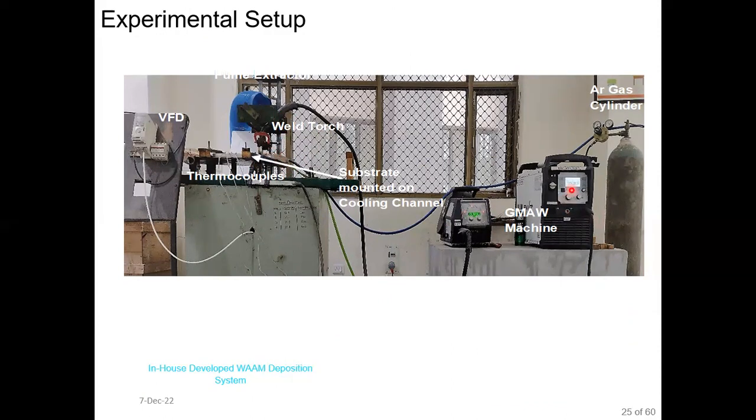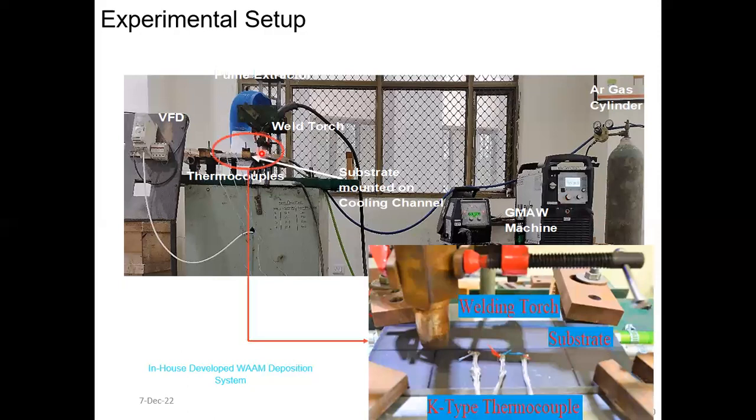And for that, I have utilized this EWM Phoenix GMAW MIG welding machine with a pure argon gas cylinder. And I have utilized this stepper motor and Arduino control board for the control of the torch in XYZ directions.